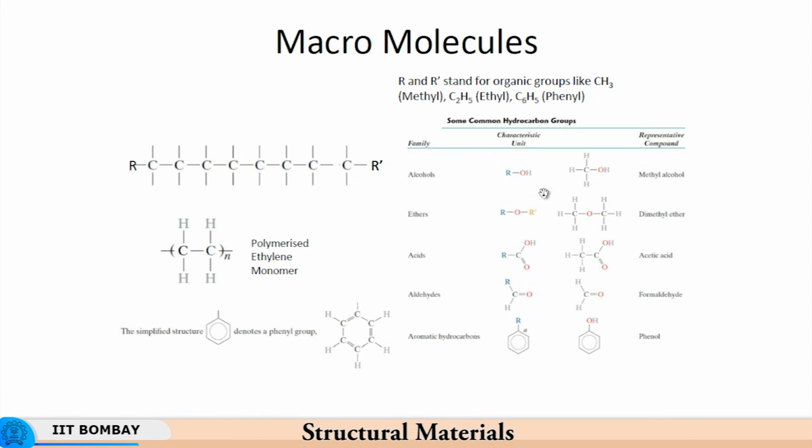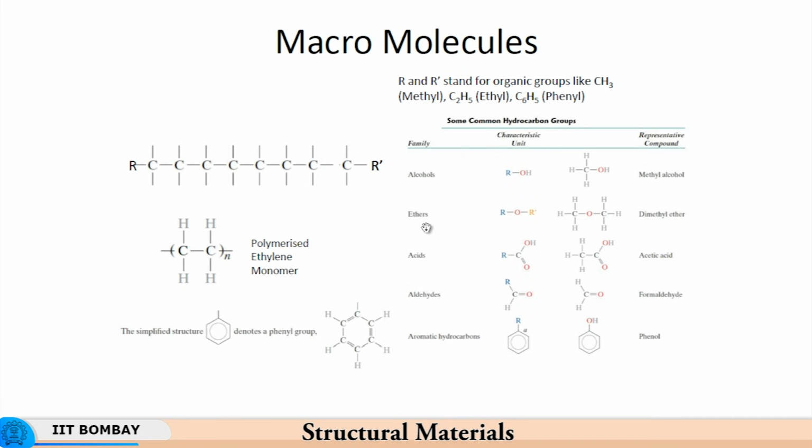So here you see that this is a characteristic unit. R is a group like methyl group, ethyl group or phenyl group. ROH basically characterizes alcohols, and if R is CH3, then it is called methyl alcohol.